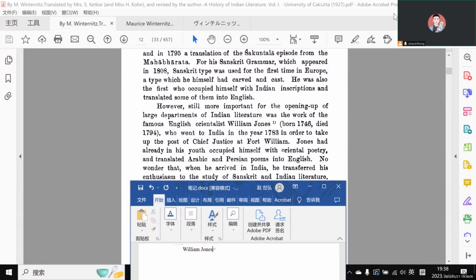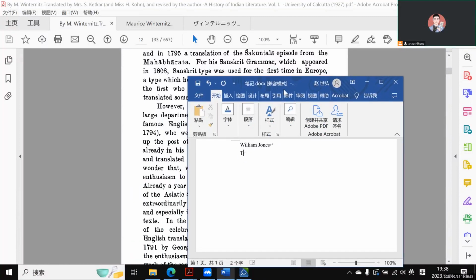Anybody else? Maybe I should give you a hint. Oh, I don't think I should give you any hint. I will just say it. Except for the Asiatic Society, 亚洲协会, which actually has a very huge stock of all kinds of manuscripts.